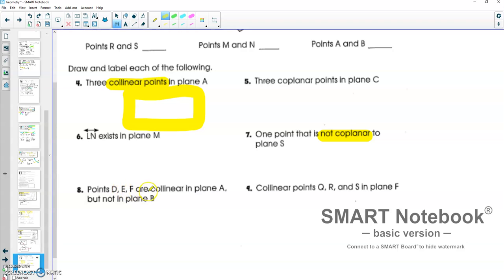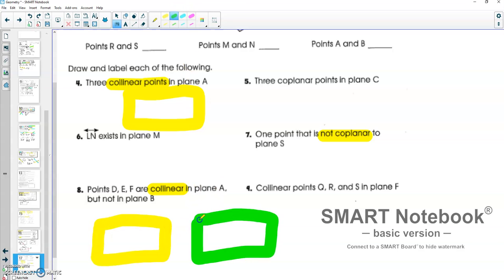Points D, E, F are collinear in a plane A, but not in plane B. Ooh, we have 2 planes now. So if I drew one plane and I drew another, where do the points D, E, F belong? And this one says collinear points Q, R, S on plane F. Okay? Try these problems out. Submit your homework. If you have any questions, let me know.